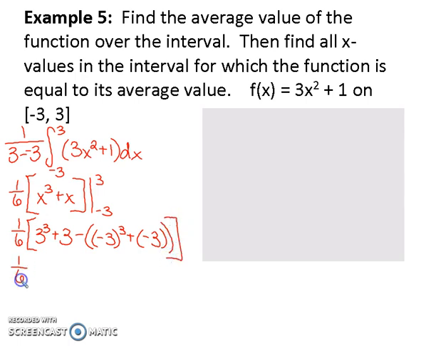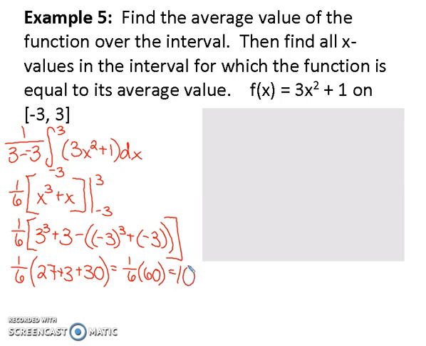So we end up with 1/6 times 27 plus 3. That's a -27 minus 3, so a -30, but it's a minus right here. So that becomes a plus 30. So we get 1/6 of 60, which is 10.